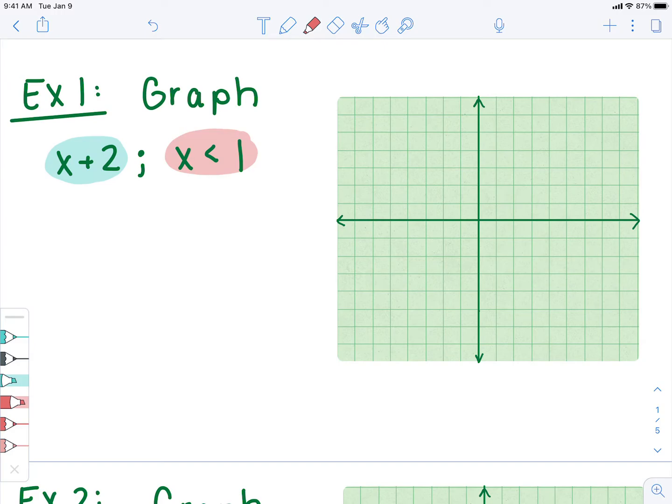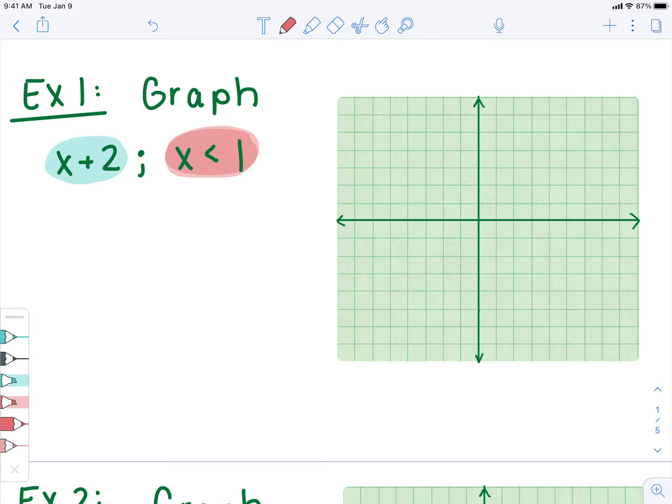So the first thing I always do is I look at my x is less than 1. I look at this piece here, and I go over to my graph and I draw what I'm going to call a fence to tell me where to stop my graph.